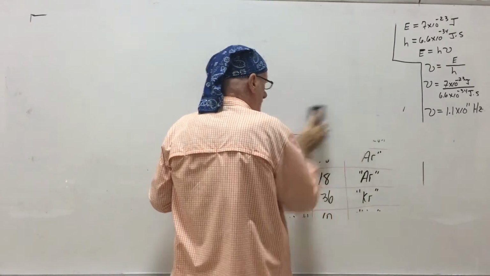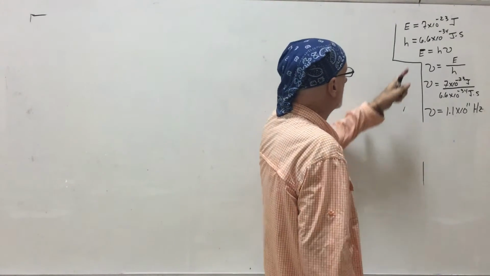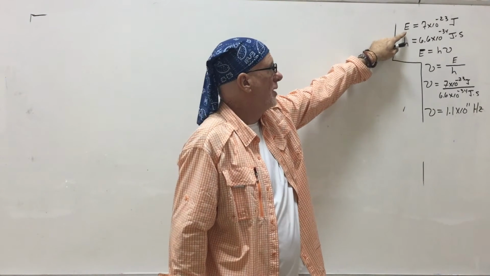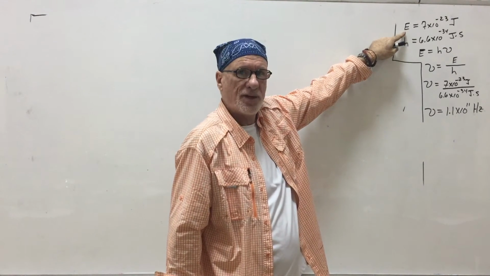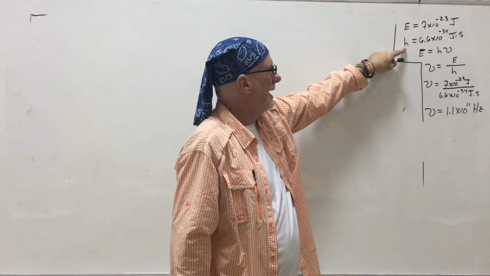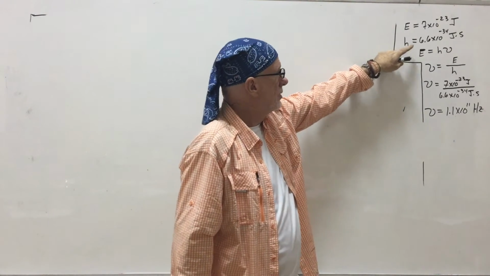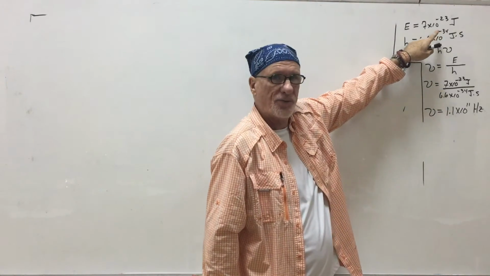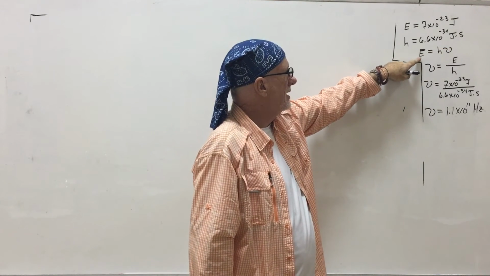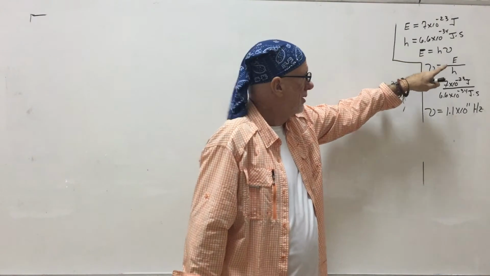And all we're left with is this. Let's say I have a photon with an energy of 7 times 10 to the negative 23 joules. Joules is a measure of energy. It has Planck's constant, which is 6.6 times 10 to the negative 34 joule seconds. And then the equation is E equals h nu.